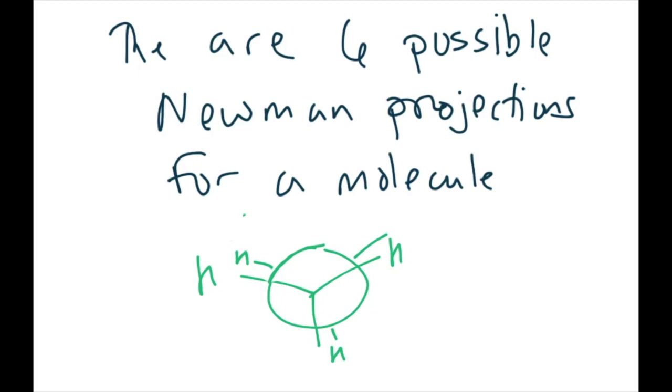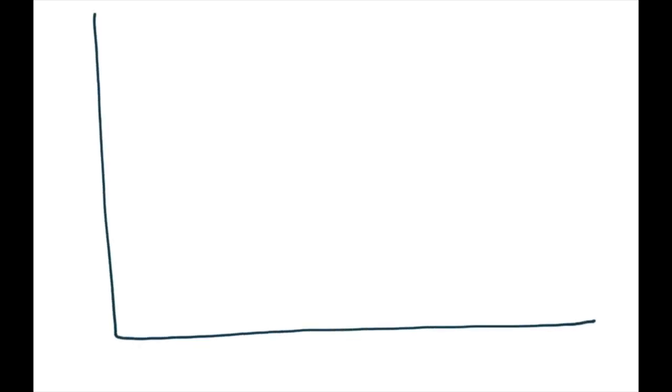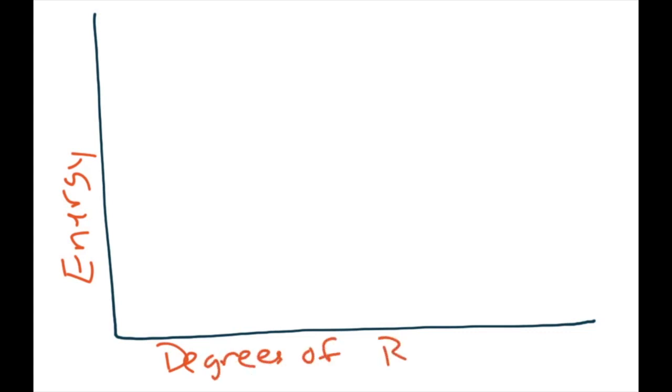Okay, if there are no other questions, I'm going to stop and jump to the next set of little whiteboard sheets. Okay, so I want to show the energies of these different conformations. So I have a little graph here. Our y-axis will be energy, and our x-axis is degrees of rotation.